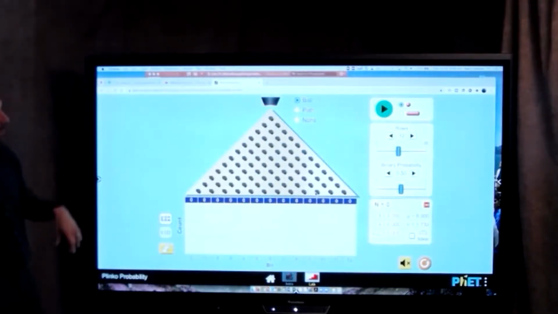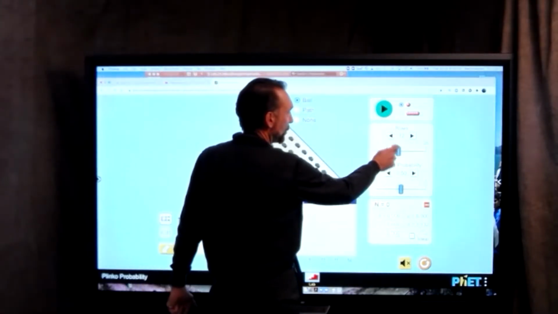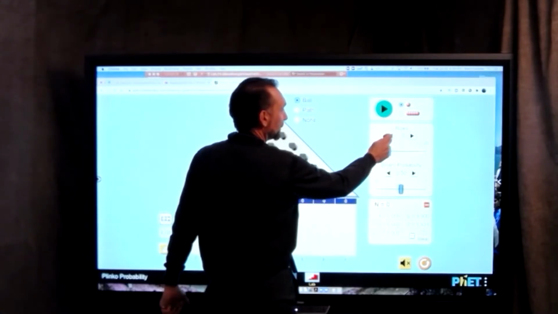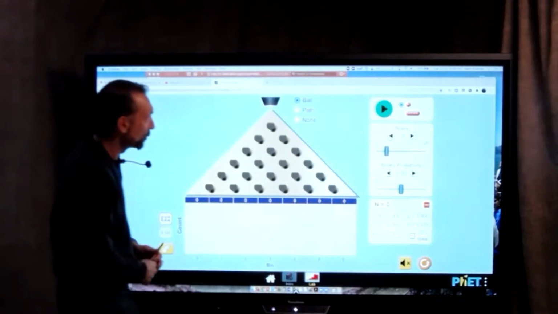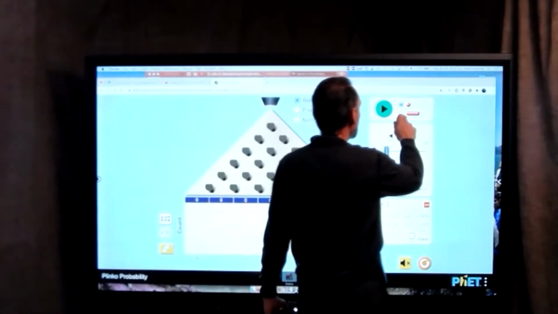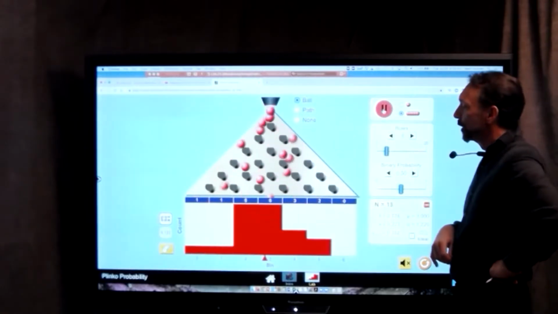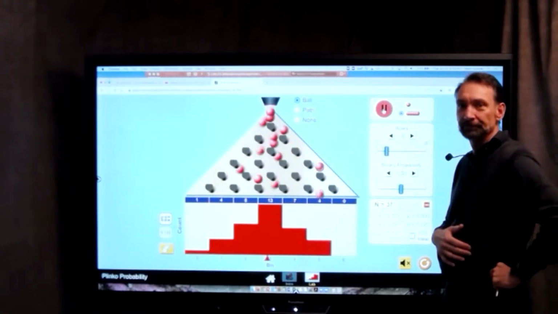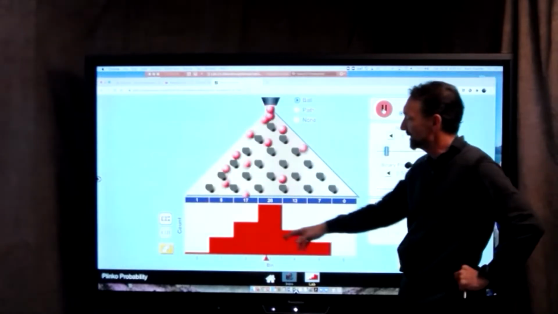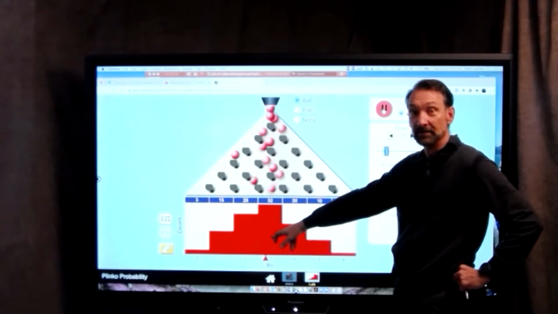So here's Plinko the game, and let's get to a 6-row Plinko board. There's a 6-row Plinko board, and if you let the balls fall through the Plinko board, where are they most likely to end up? Well, they're most likely to end up in this center bin.